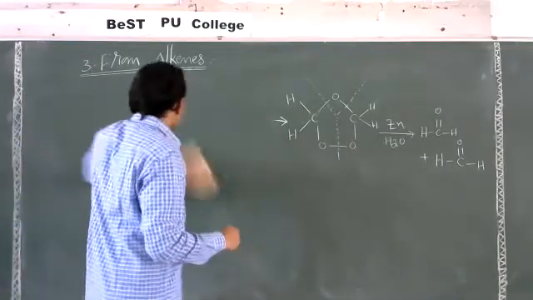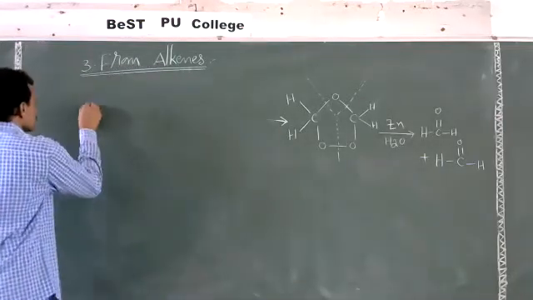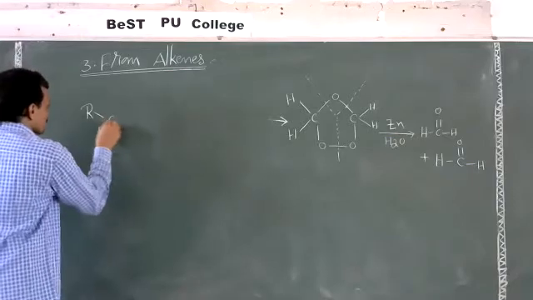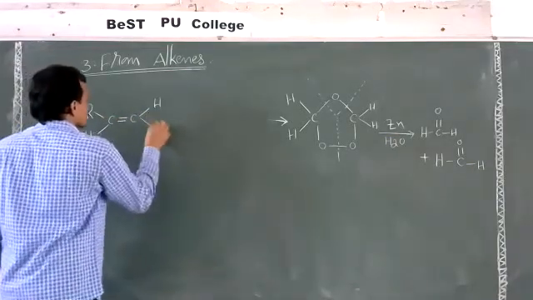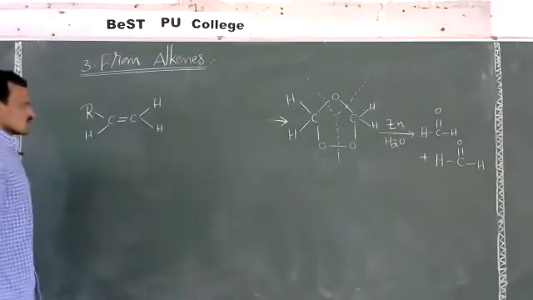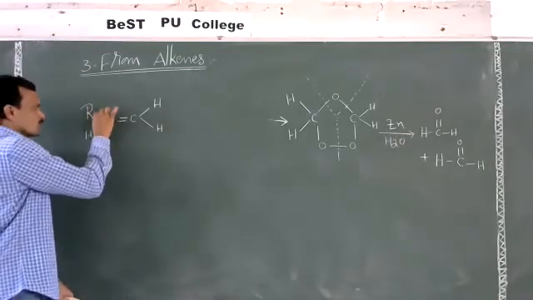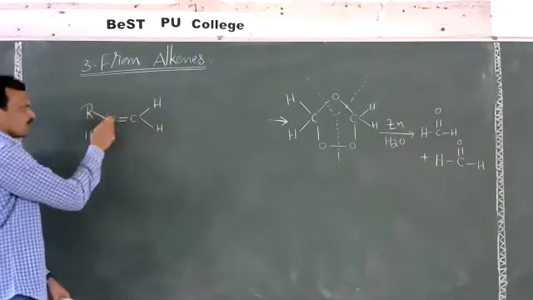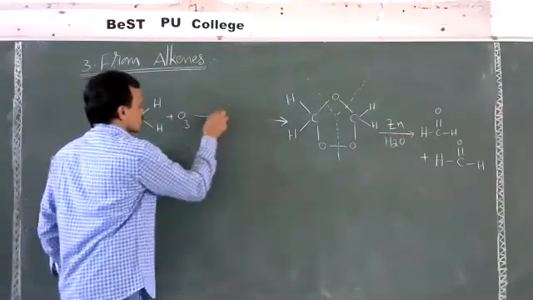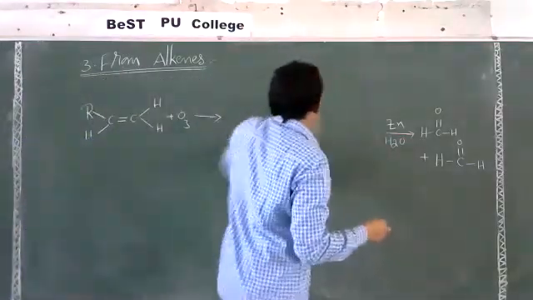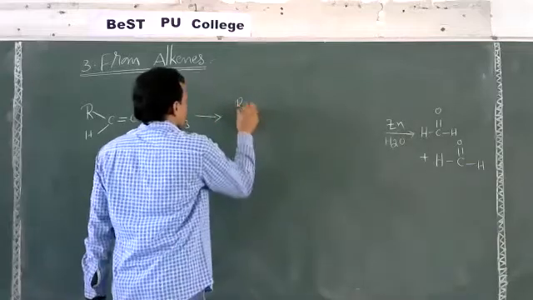Now I'll take another one, a general equation, RCH double bond CH2. This is a mono substituted alkene, meaning one hydrogen is replaced by an alkyl group, and on reaction with ozone, first we get the ozonide, which is RCH.